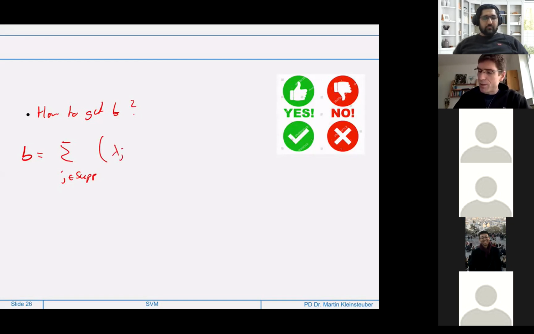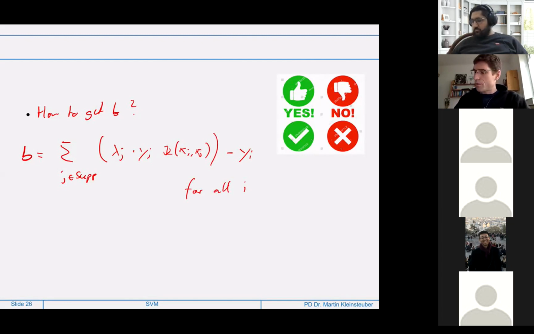You have these multipliers lambda j and your yj, and then you have the inner product of xi and xj, which is replaced by the kernel k(xi, xj). That's this sum here, and you subtract yi, and this holds true for all i.